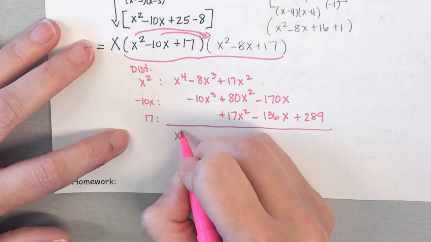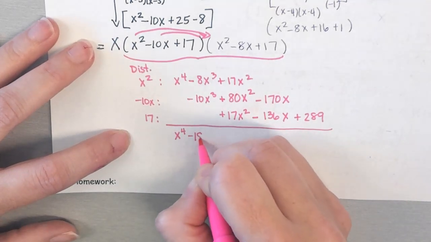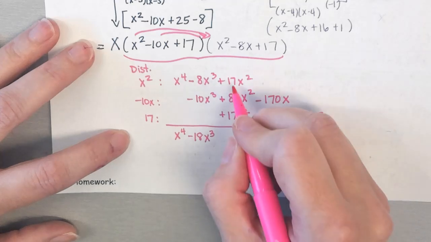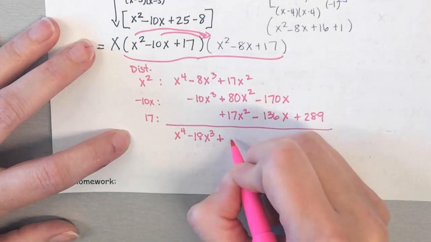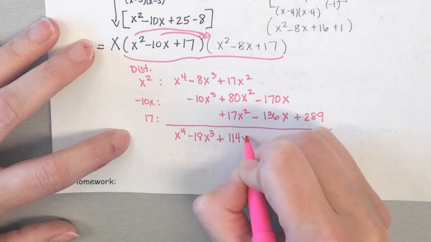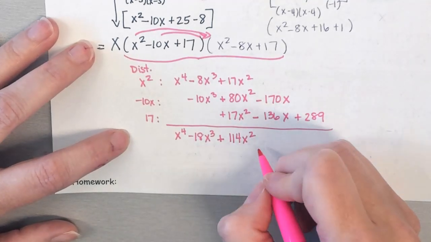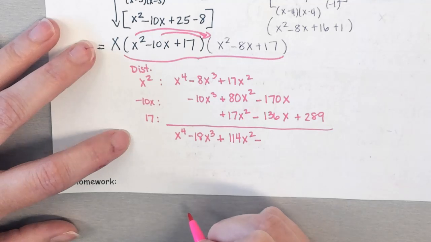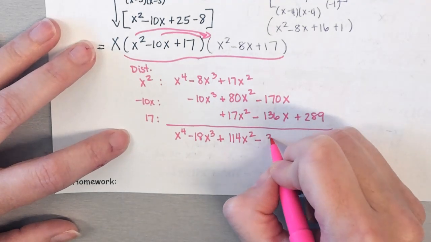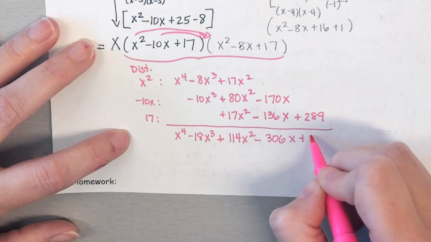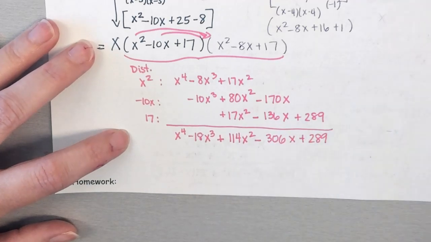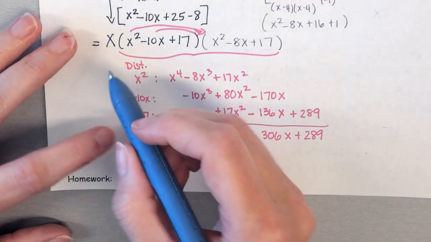Okay, so then you have x to the fourth minus 18x cubed. 17 and 17 is 34, 34 and 80, 114. Remember I said you could use your calculator with this. And you get negative 306. Okay, and what is the very last step for this one? Yep.